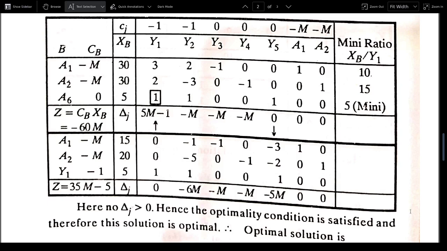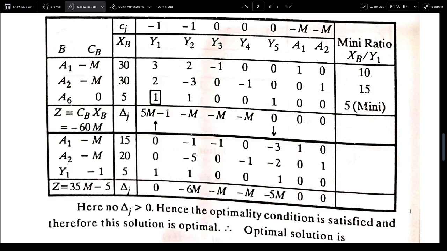Next, Y1 indicates all the coefficients of X1, Y2 indicates all the coefficients of X2, Y3 indicates X3, Y4 similarly X4, Y5 X5, and then A1 indicates all the coefficients of X6 and A2 indicates all the coefficients of X7, because these are the artificial variables.